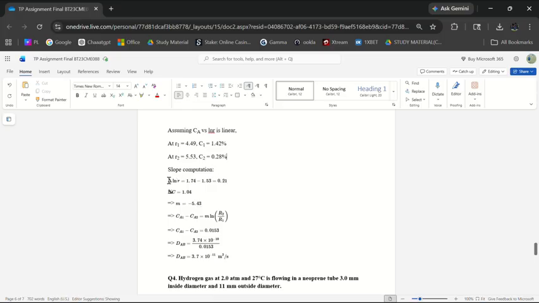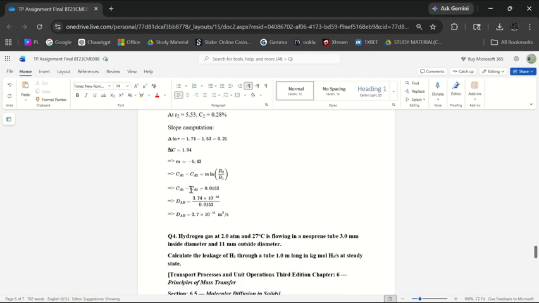So we compute the slope. Delta ln R is 1.74 minus 1.53, and the change in percentage is 1.04%. The slope comes out to be this by this, 2 by 1, which gives us minus 5.43.